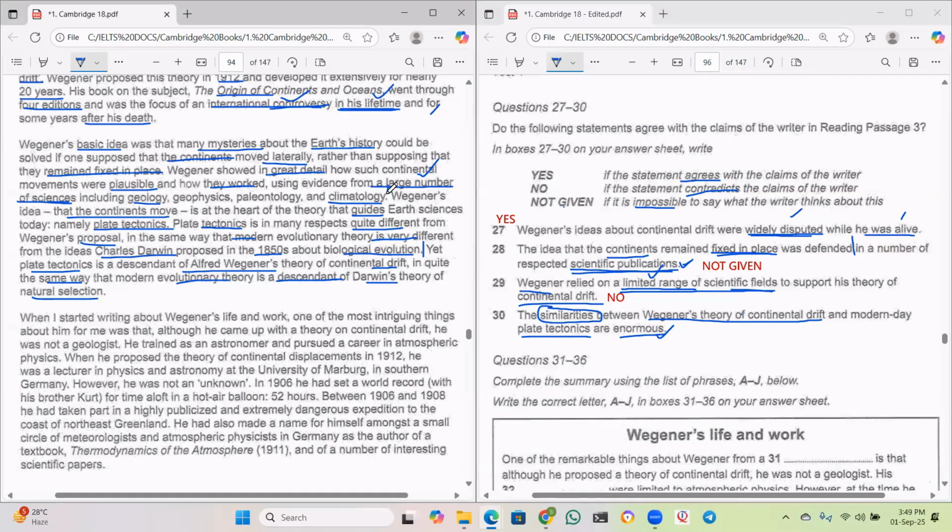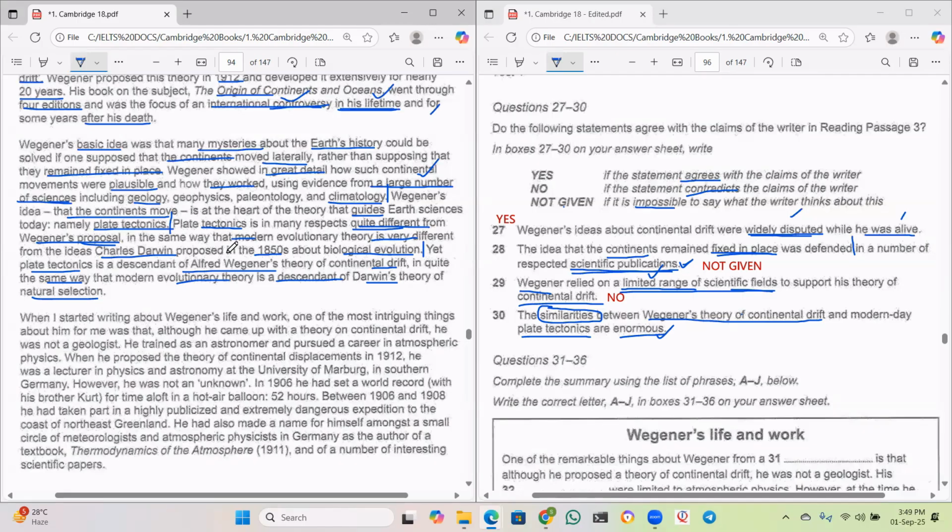Now let us read the next sentence from here. Wegener's idea that the continents move is at the heart of the theory that guides earth sciences today, namely plate tectonics. He introduced the word here. Now, plate tectonics is in many respects quite different from Wegener's proposal, in the same way that modern theory is very different from Charles Darwin's theory.